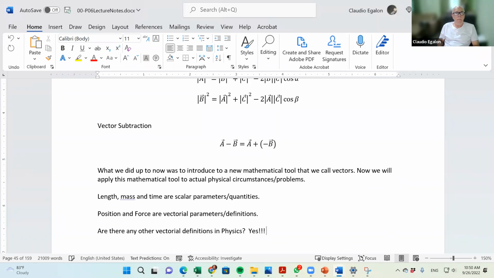By the same token, there are several other scalar quantities in physics as well, right? I already told you that distance traveled and speed are scalar quantities.